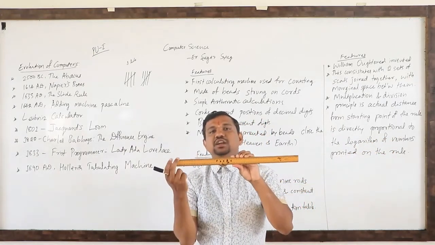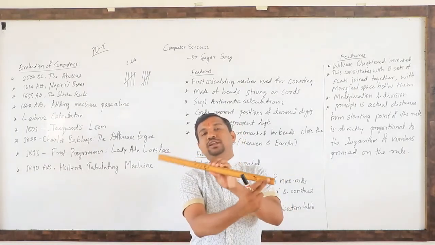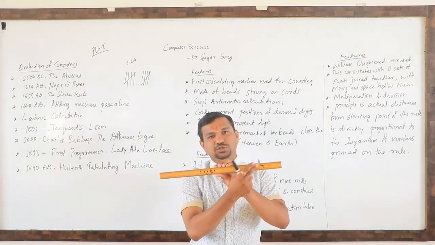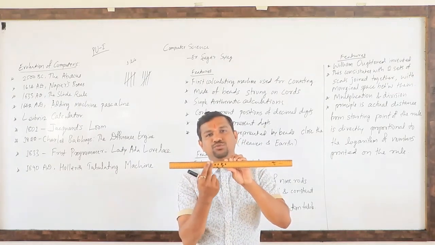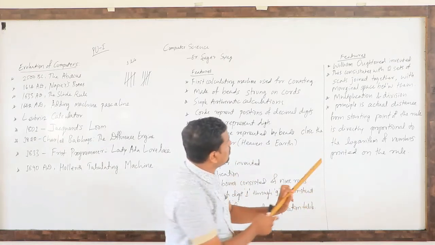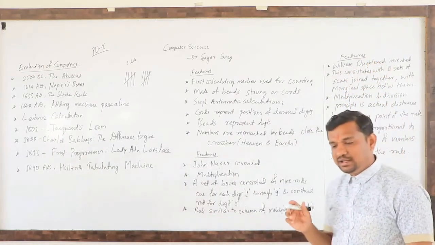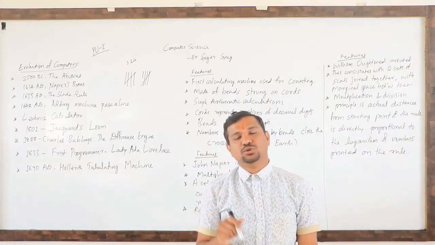Here it starts from 1 and goes up to 49 or 50 centimeters. 1, 2, 3, 4, 5, 6, 7, 8, like that up to the numbers. And William Oughtred invented this slide rule.